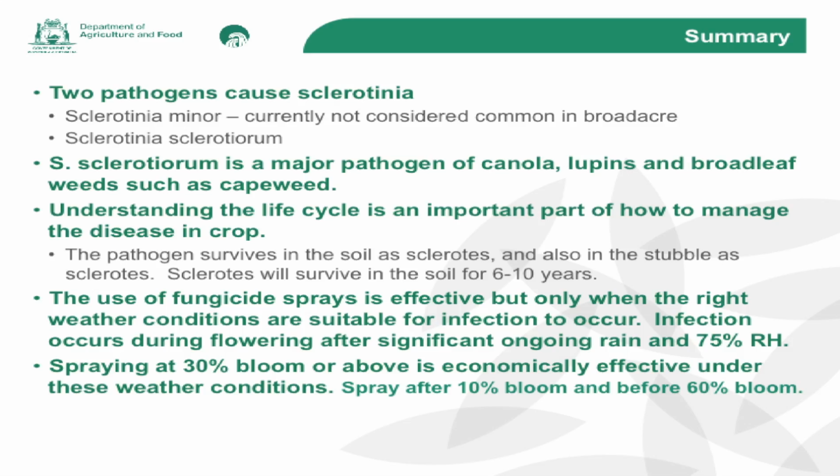Spraying at 30% bloom is considered economically effective if conditions are right weather-wise, and generally it's best not to spray before 10% bloom or after 60% bloom. But we'll talk about this more in the next few slides.